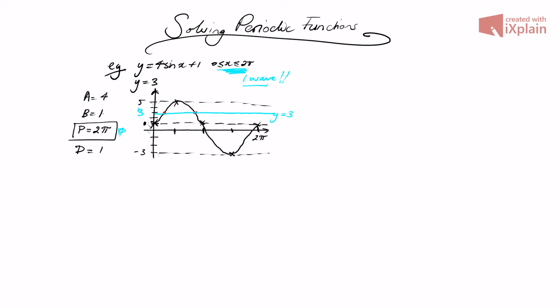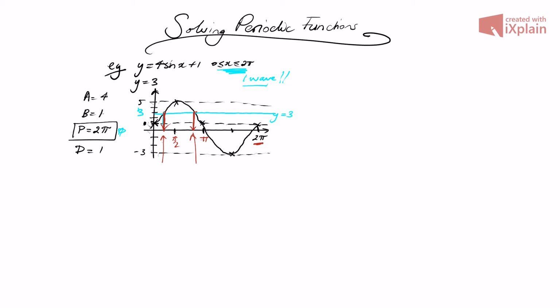Okay, so let's approximate it. Here are our two solutions graphically. Because our period is 2 pi, half of the wave is pi, so this is pi on 2. I know that I have one solution that's between 0 and pi on 2, and another solution that's between pi on 2 and pi.